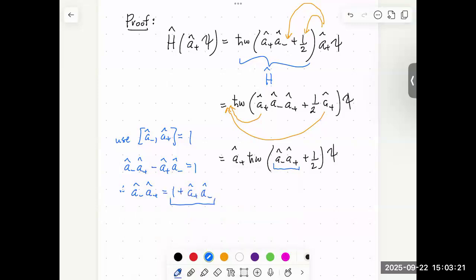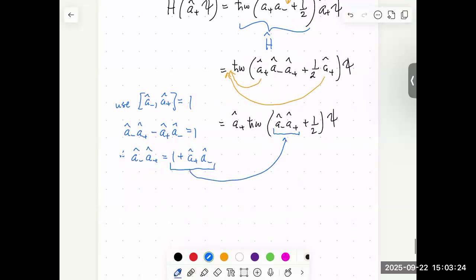Okay, and so what we're going to do is take this thing and stick it in there. So what we're working on here is the Hamiltonian acting on A plus acting on psi. And we have A plus h bar omega. Okay, and so now I'm going to write this as A plus A minus +1. And then we still have our +1/2. I'm going to write the 1/2 first, and then the +1, and all of that's acting on psi.